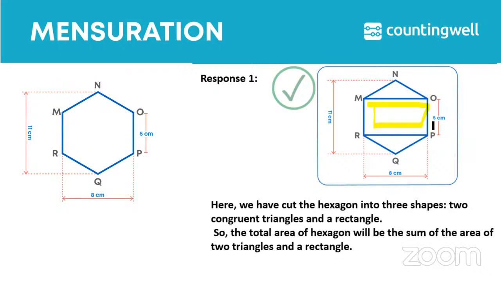Distance between OP is 5 centimeter, whereas distance between RP is 8 centimeter. How have we found this? It is already given. So if we cut the hexagon into three shapes, two congruent triangles and a rectangle, the total area will be the sum of the areas of these two triangles and the rectangle.